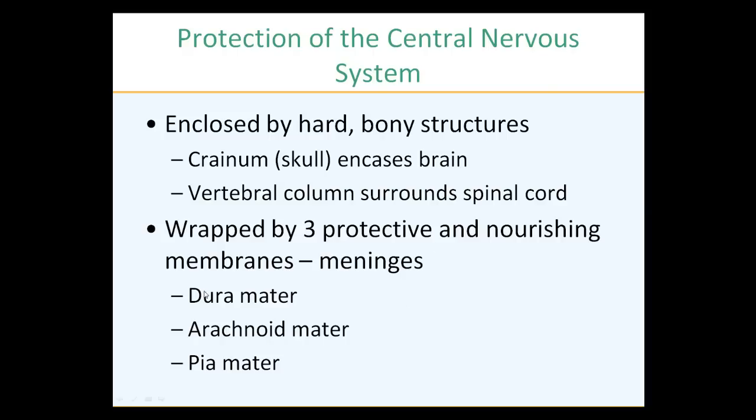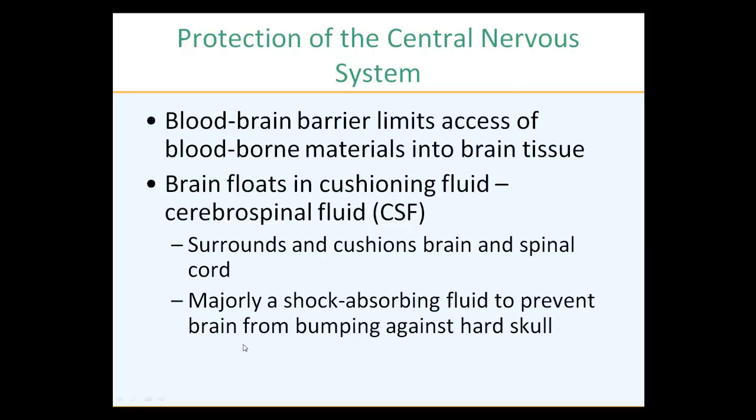Now we have from outside to inside, the dura mater, which means the rough, and the arachnoid mater, which means looks like a spider web, and then we have the pia mater, which means the kind or the gentle mother in a way. And we will talk about those very quickly because that's part of the anatomy, but in a little bit.